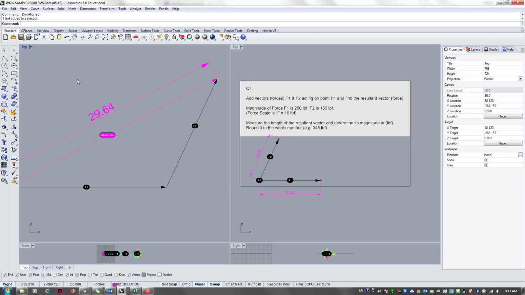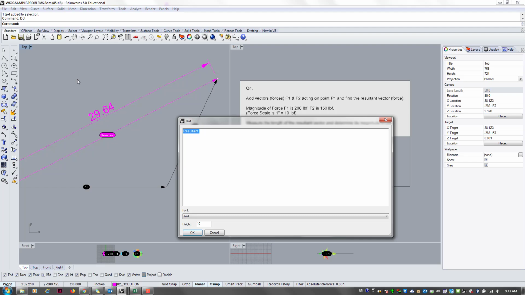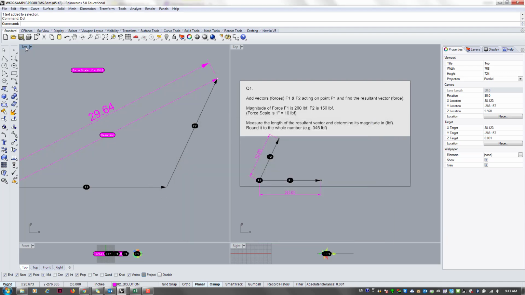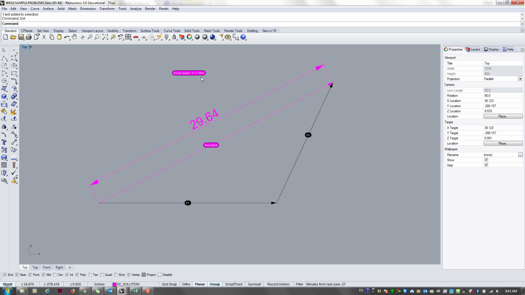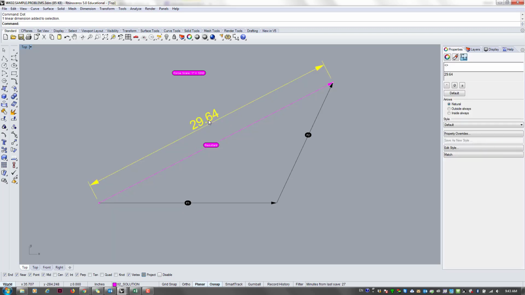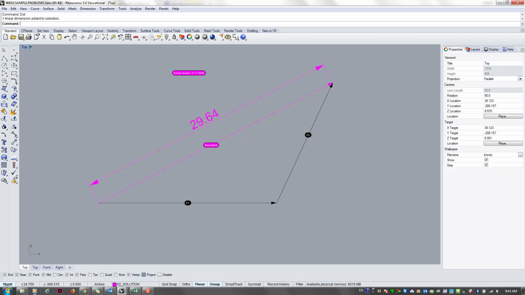Let's always remember your force scale. Our force scale, 1 inch represents 10 pound force. So because this is 29.64 inches, right?